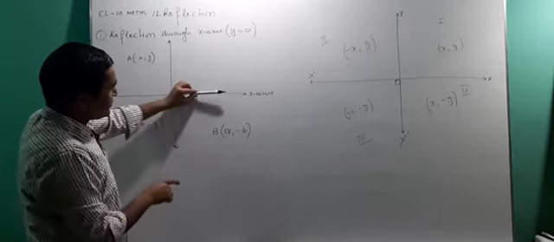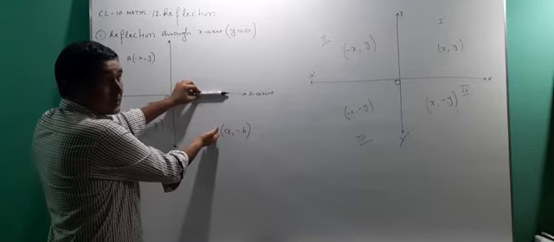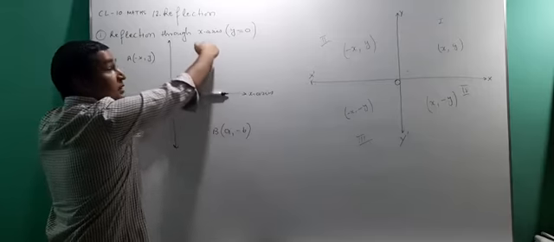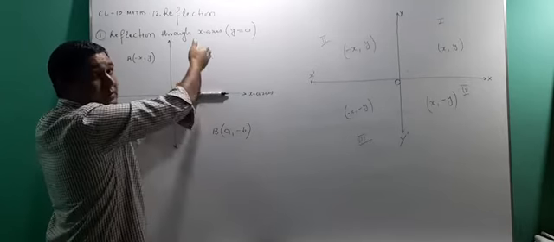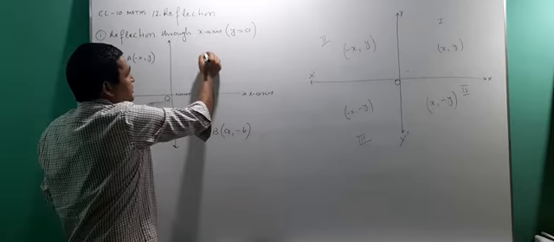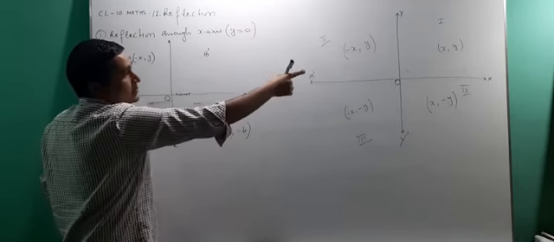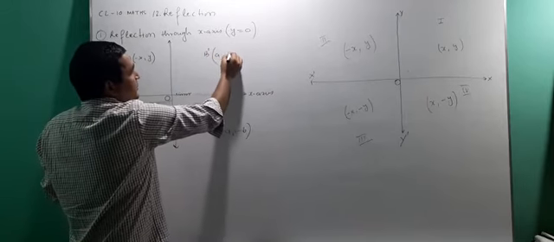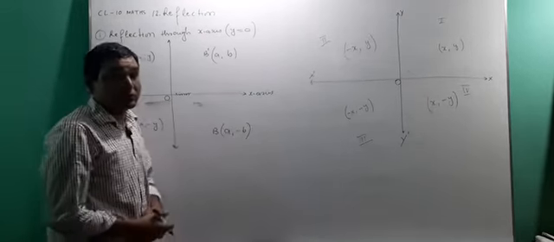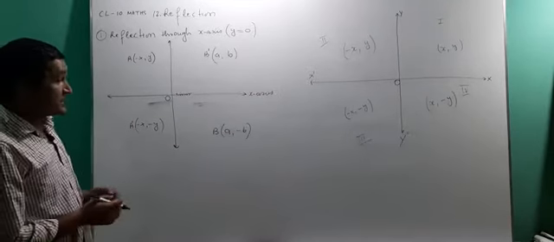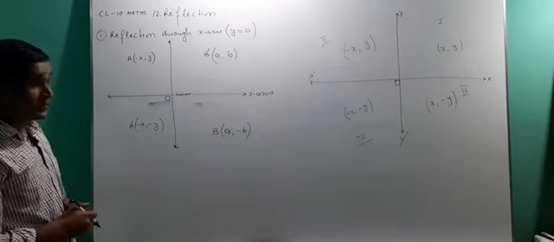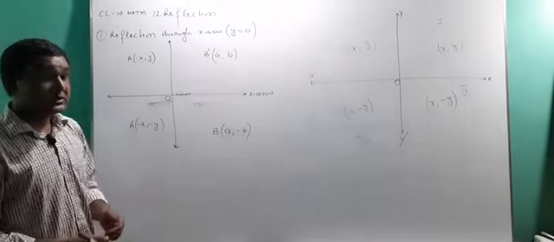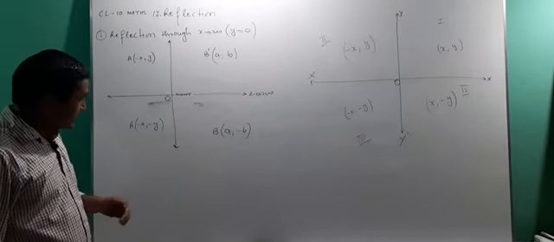Then the object is placed here in front of the mirror, and at the same distance the image is formed behind the mirror. That means the image is formed somewhere here, b dash. Then in the first quadrant, the sign of the coordinate is a, b, both positive. This way we have to find the coordinate of the image, and this is very important. Try yourself by standing in front of the mirror and find at what distance your image is formed.